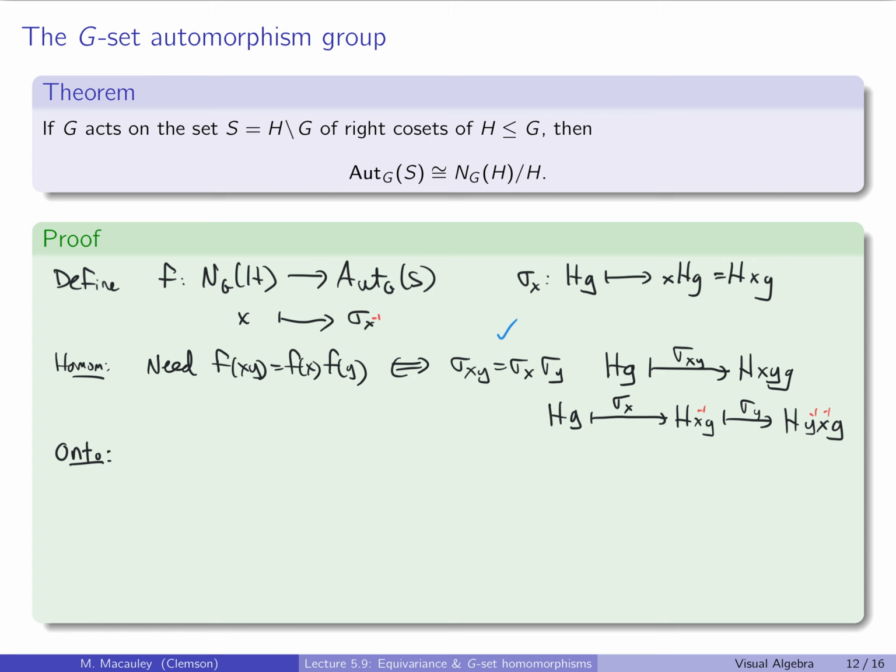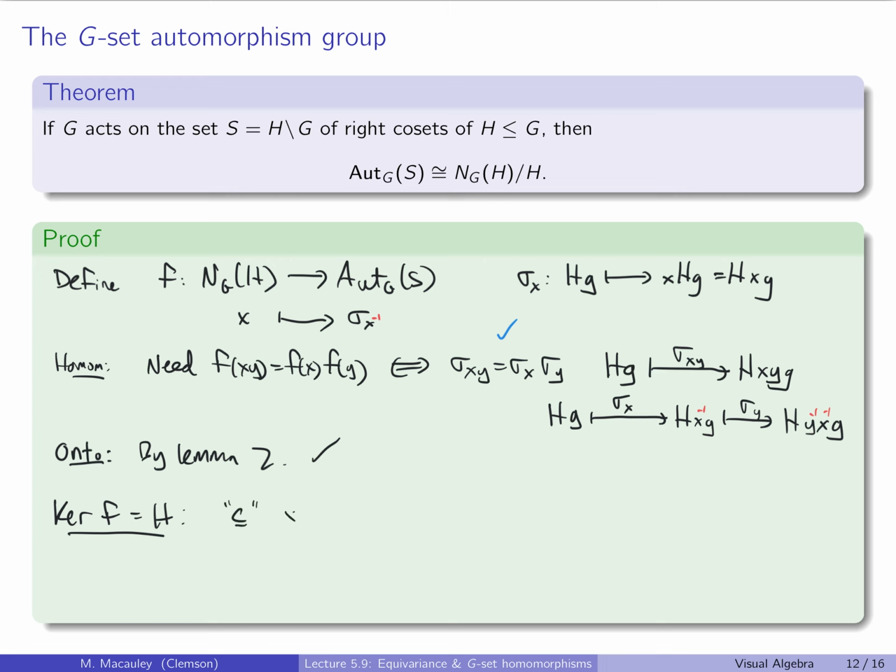I'll stick with it. So why is this onto? It's onto by Lemma 2. By Lemma 2, every G-set automorphism has this form. And then what about the kernel? The kernel of f equals H. This is what we have to show. So let's do both containments.